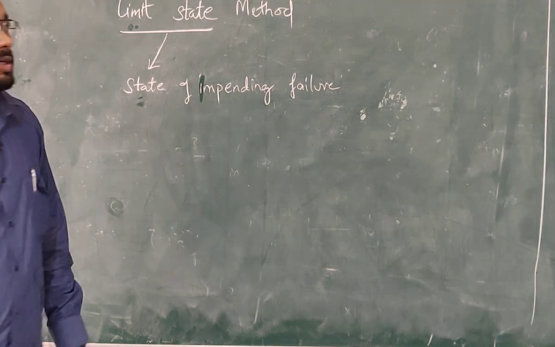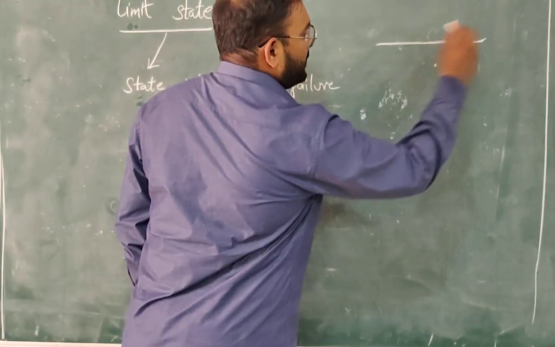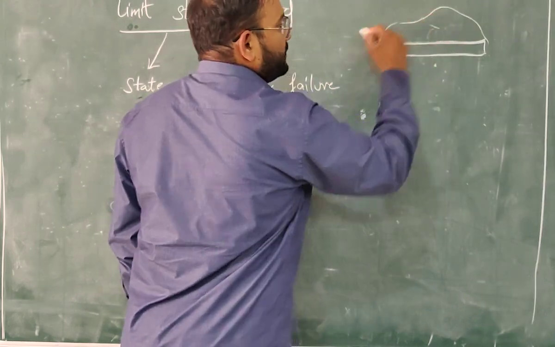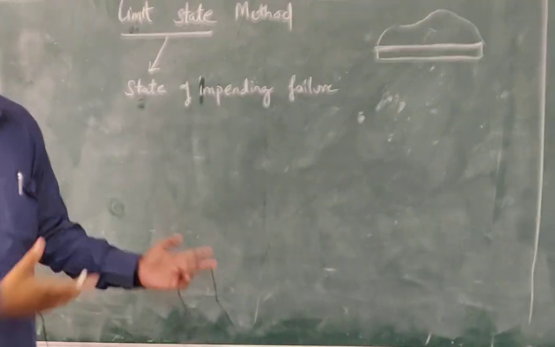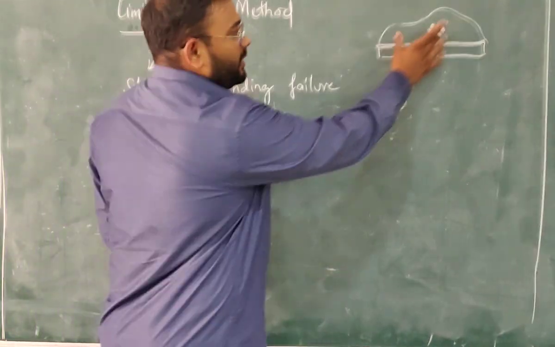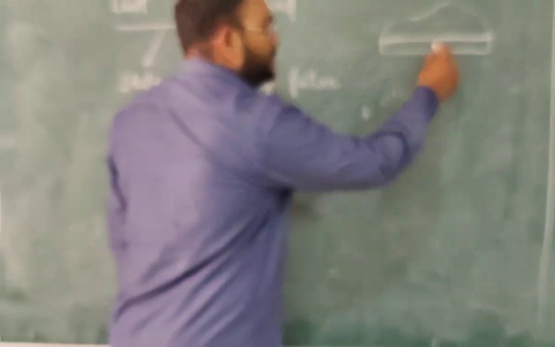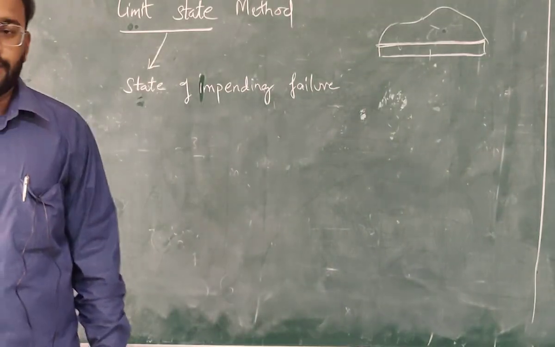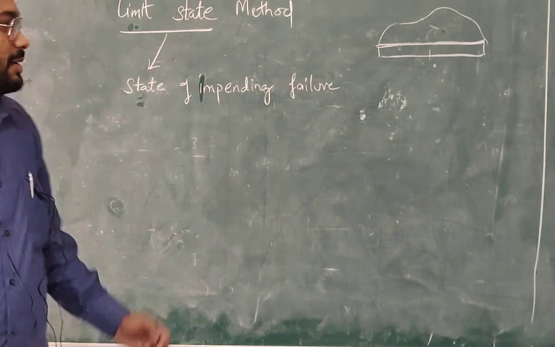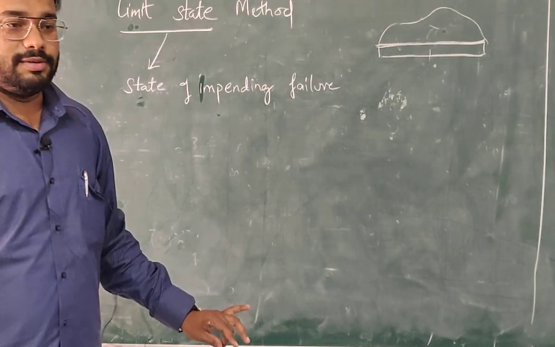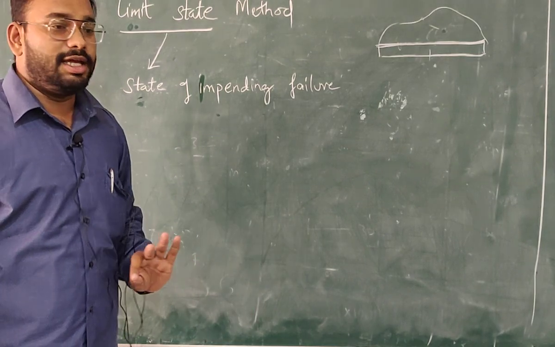Suppose you have designed a beam like this and you have applied some sort of loading on the beam. Now, because of excessive loading, the beam has cracked and it cannot take any excessive load now. So what do you mean by impending failure? The structure has failed now. It will no longer take any load.